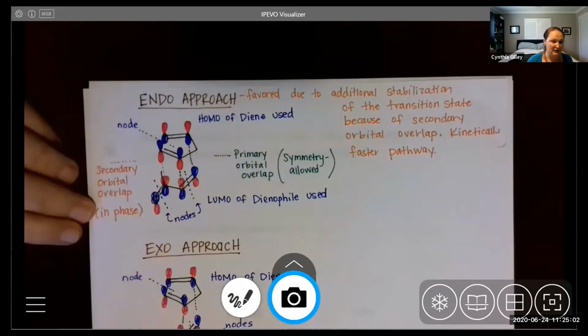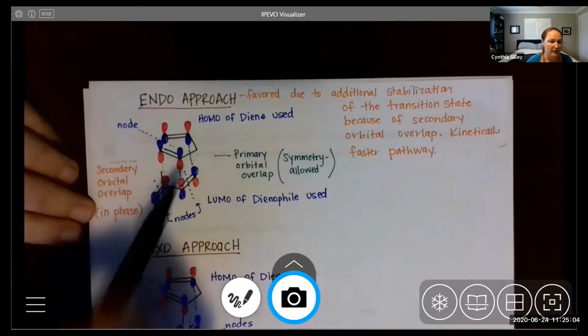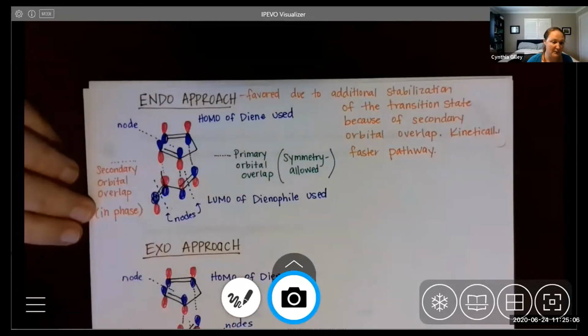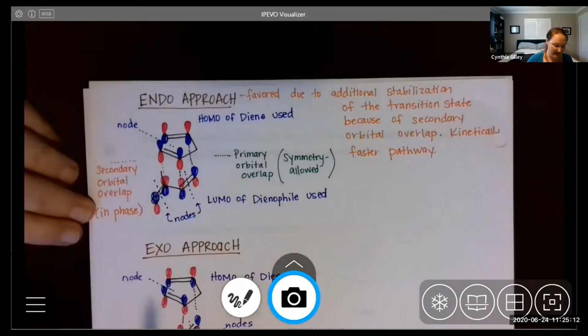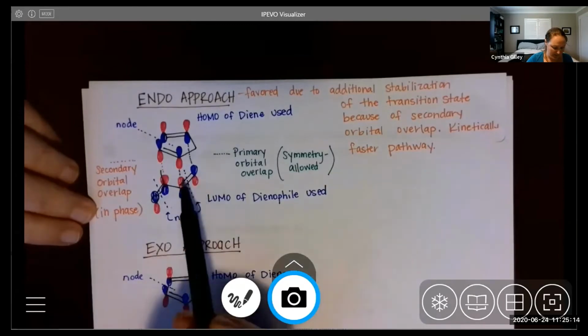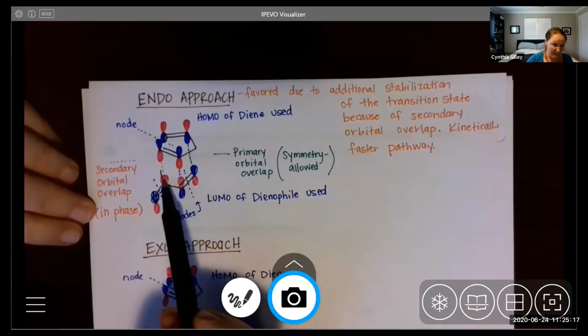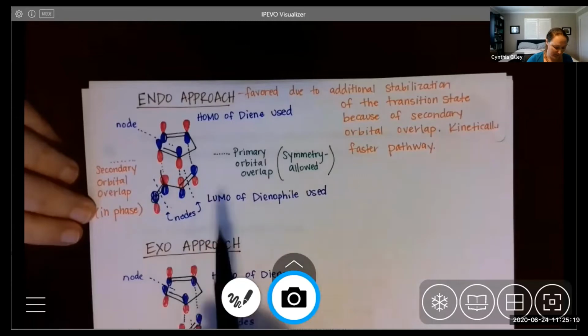But it's a diene just like this one, right? And it's using its LUMO, so that's the one higher in energy, and there's 2 nodes. So I switched phases twice. So every time you switch phases, there's a node.